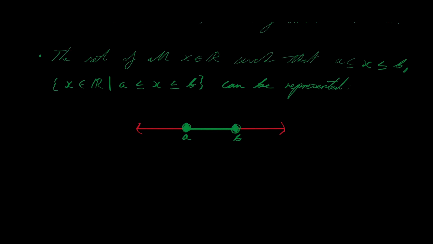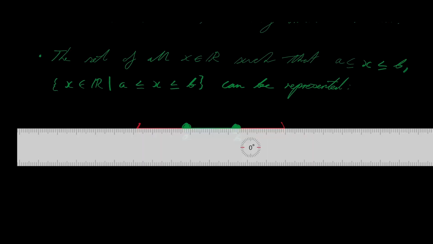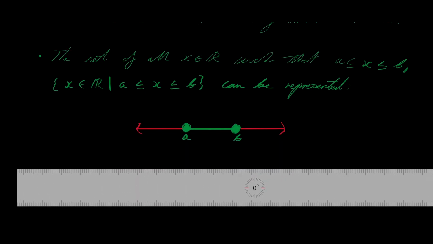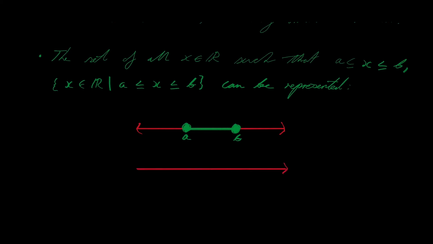Okay, so this is typically what you will see in a textbook, in computer font. But often in handwriting, people write it like this. If they wanted to represent an interval of this form on a number line, there would be one endpoint of the interval and another endpoint of the interval.